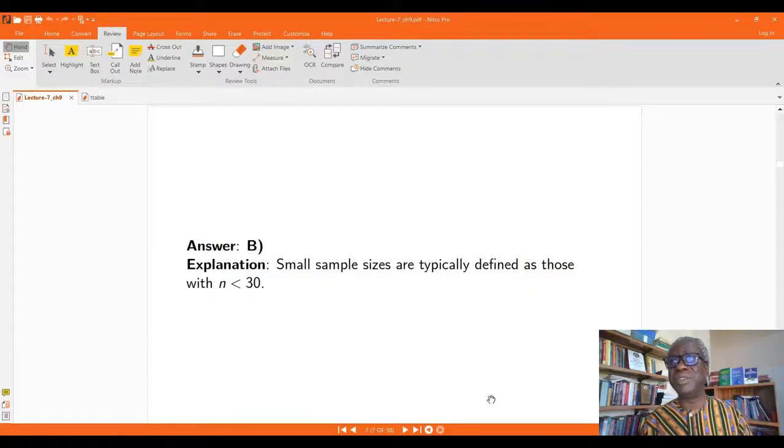So when your sample size is less than 30, then we say you are dealing with small sample. Anything 30 and above is large sample in hypothesis testing.